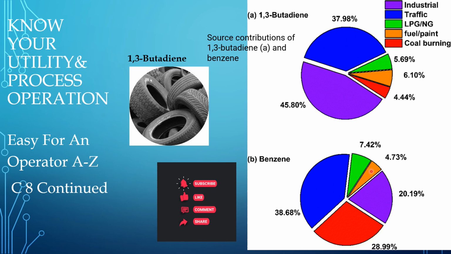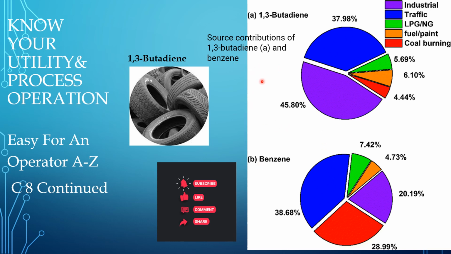And this one is during use in fuel or paint as a solvent, this is industrial usage, and this is because of coal burning. So these are the sources, or the contributions, of benzene from the different types of industries.